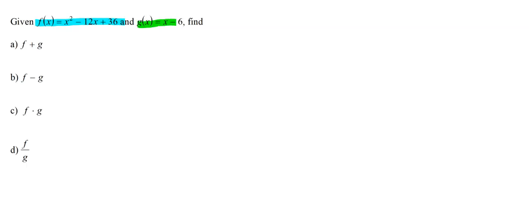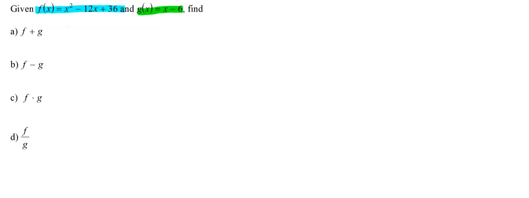However, g of x is x minus 6. So it's cool to look at it and just recognize any patterns before you start doing the operations. So just to let you know, this is a perfect trinomial square divided by one of its binomials, or added, or subtracted, or multiplied. So we have two functions, and we're going to combine them.